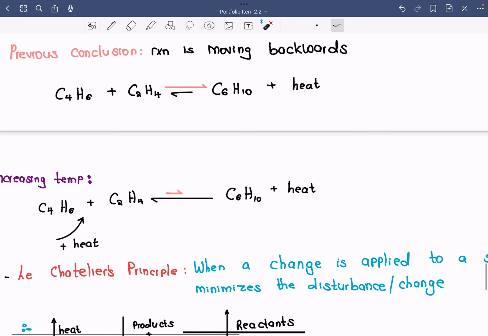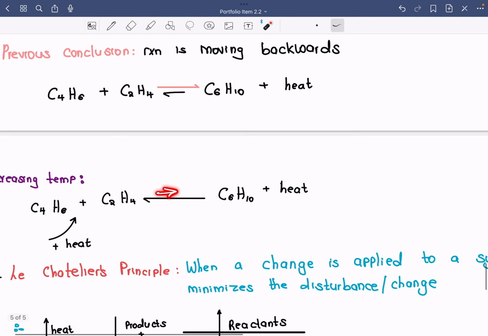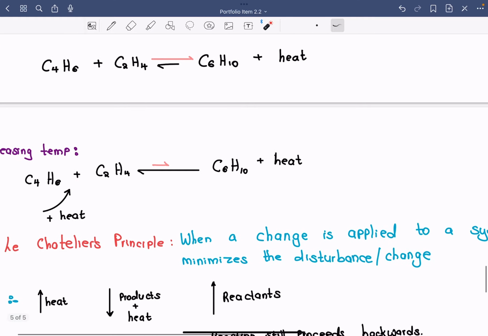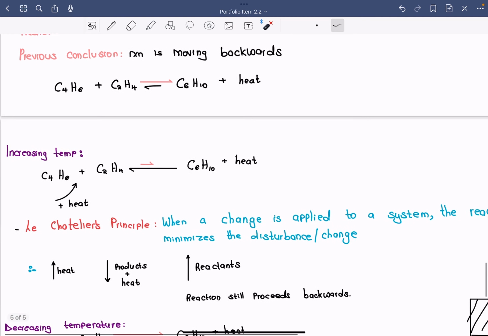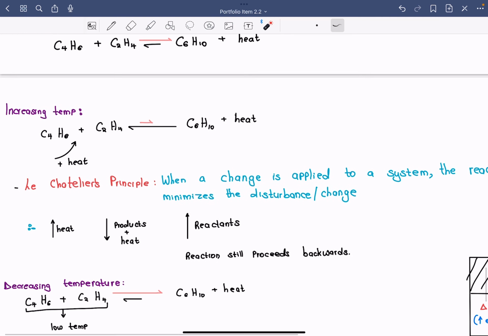Since the forward reaction is exothermic, the backward reaction is endothermic. So it will use the heat that is already produced to form more C4H6. That means when we increase the temperature, our products and the heat being produced are going to decrease, and that's going to increase our reactants.